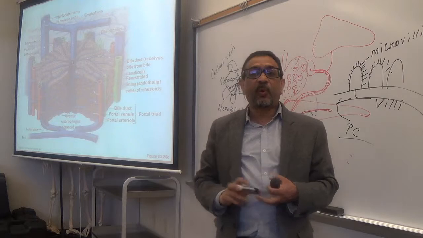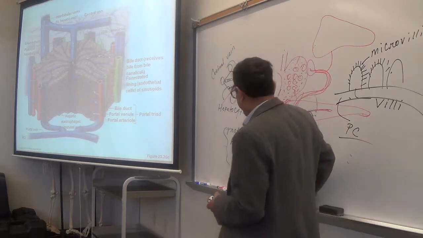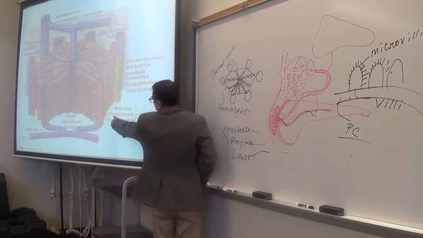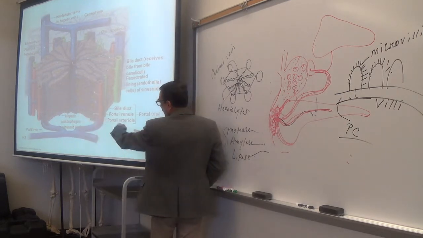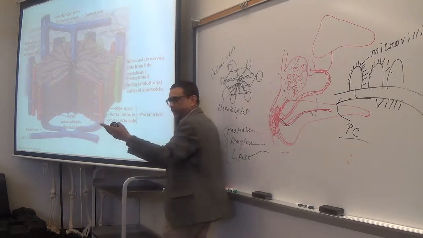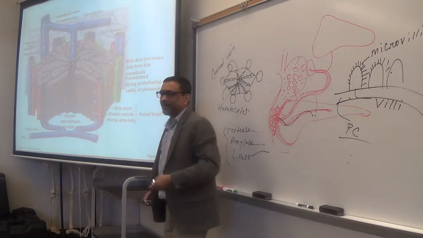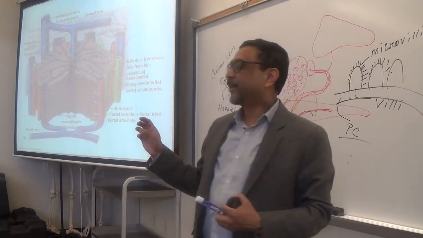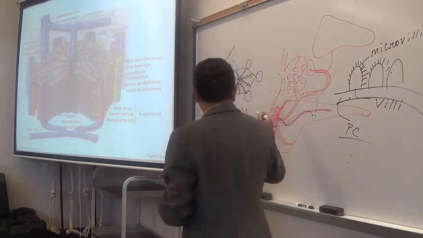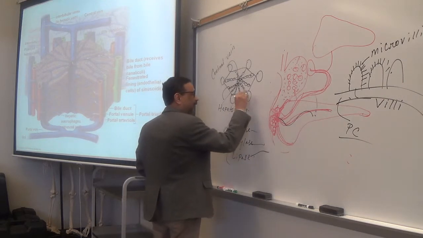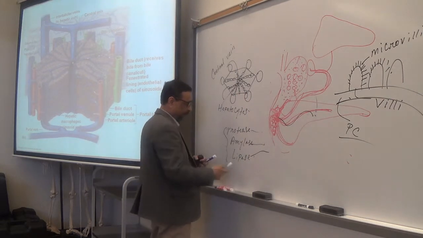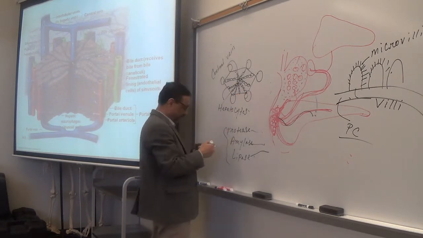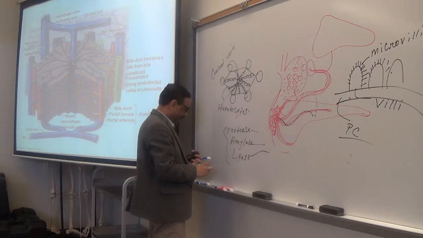And in each portal triad, you have 3 things: bile duct, portal venule, that means small vein, and portal arteriole, small artery. Make sense? So, a venule, an arteriole, and a bile duct. 3 things. In each portal triad, you have those 3 things. Okay?